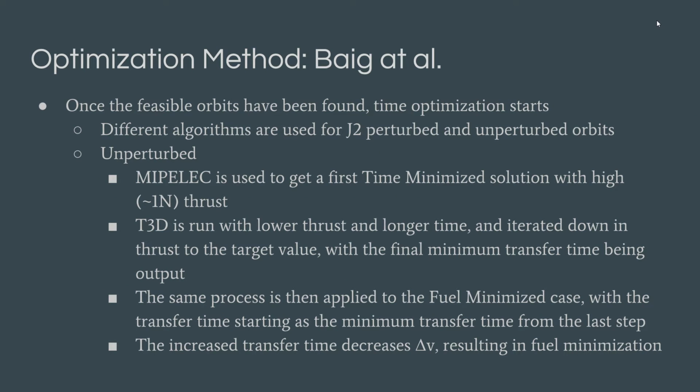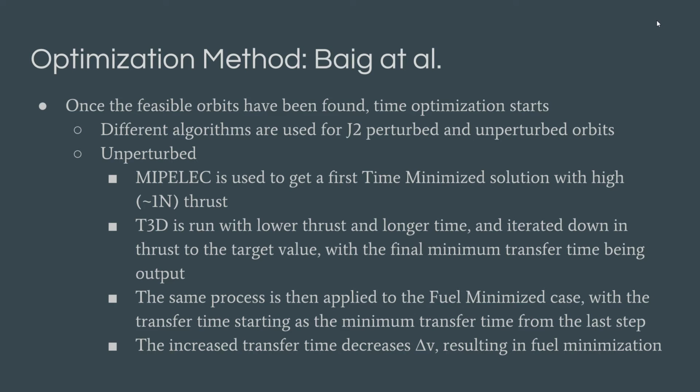So once feasible orbits have been found, different algorithms are used for the J2 perturbed and the unperturbed orbits. For the unperturbed, the MIPELEC code is used to get a first time minimized solution with a high thrust, and that just gets a very quick and dirty answer.